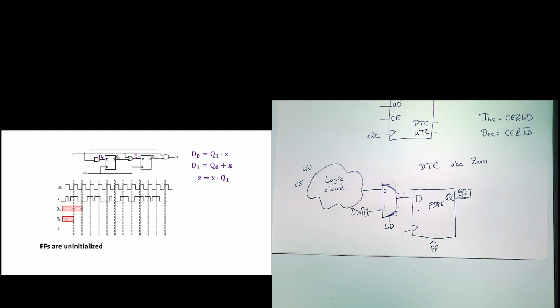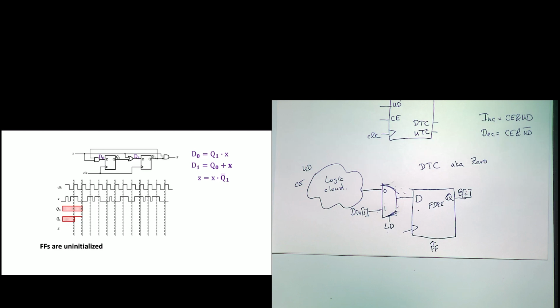What about D1 at the clock edge? It's 1, right? Because X is 1, and it's an OR. So we don't care what Q0 is. This is going to be 1. So Q1 is actually 1. So that Q1 flip-flop goes to 1.